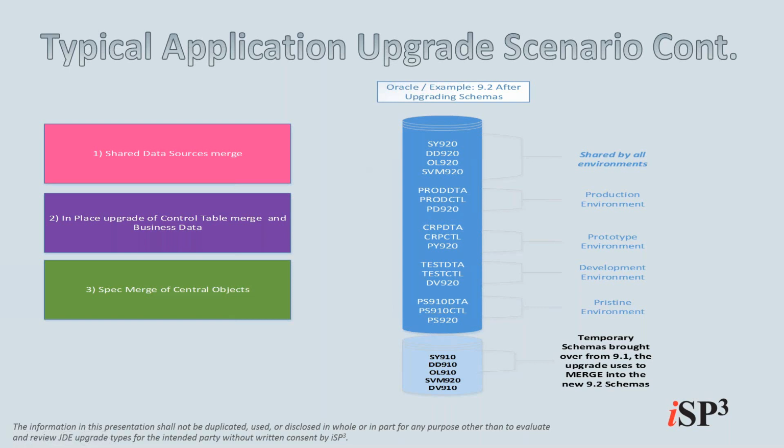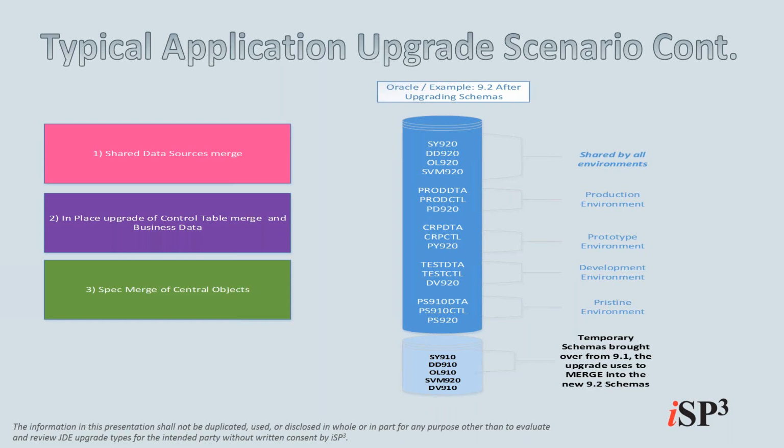That first initial task process that the upgrade runs will merge your user profiles, your security, your OL records for your custom code, all those things that you need on the 9.2 side and you don't want to do again.